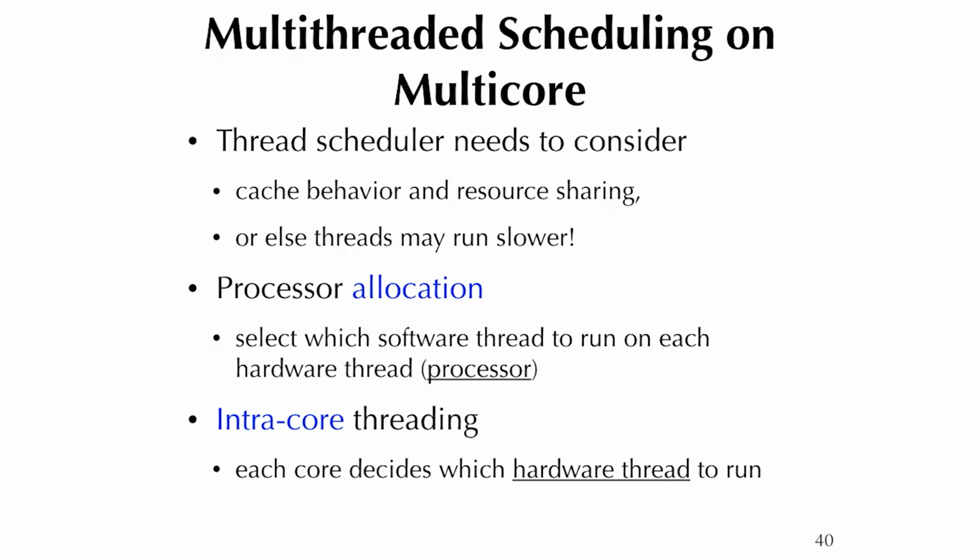And multi-threaded scheduling on multi-core, well, the thread scheduler needs to consider cache behavior as well, and resource sharing. Otherwise, having multiple threads could actually run slower because each thread could increase the demand on the cache, right?